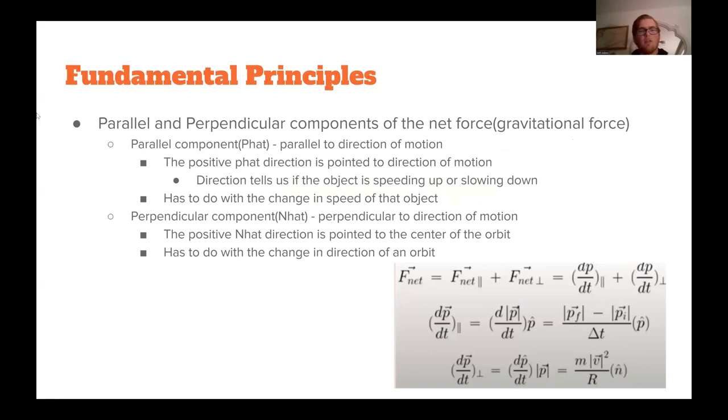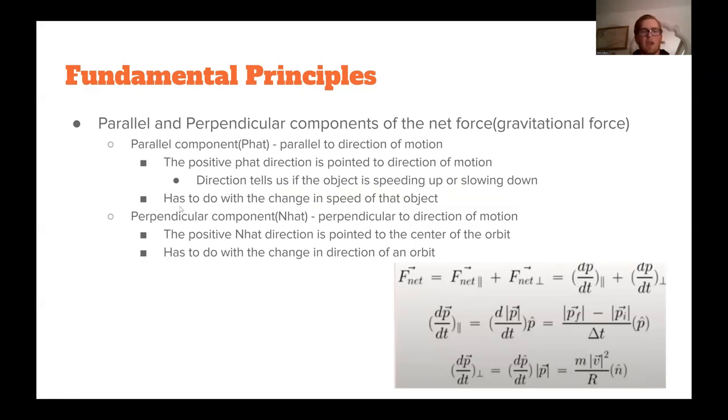Another part of these fundamental principles is the parallel and perpendicular components of the net force, which is the gravitational force. The parallel component, called p hat, is parallel to the direction of motion. The positive p hat direction points in the direction of motion. It tells us if the object is speeding up or slowing down, and it has to do with the change in the speed of that object.